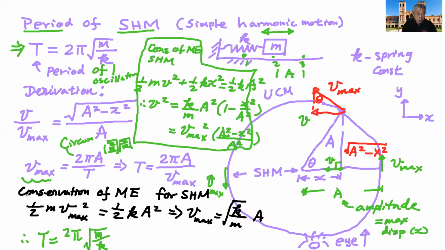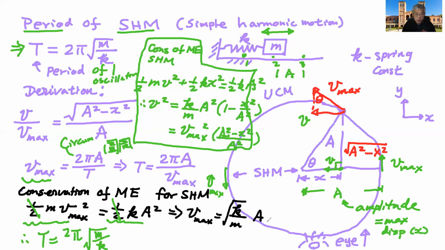Now, again, we apply conservation of mechanical energy for SHM, which tells us the maximum kinetic energy, which is the total energy of SHM, is equal to the maximum potential energy of the spring, which is also the total energy of the SHM. The two are equal, and then you solve for the Vmax, so you move the m over and the 1/2 cancels, right? Then you see the Vmax is equal to square root k divided by m, and A comes out from the square root.